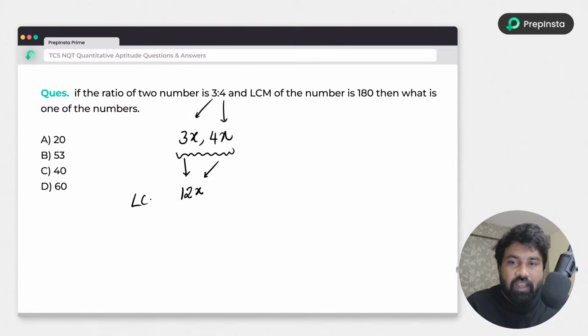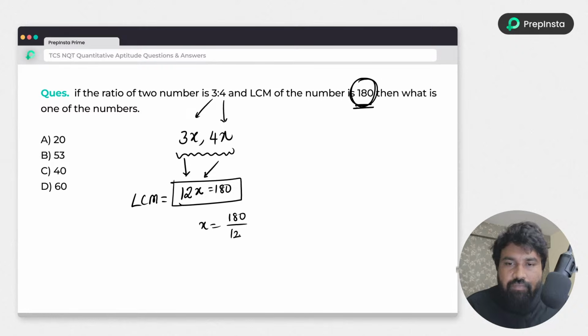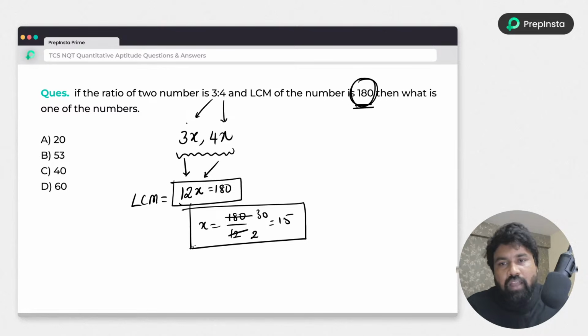So the LCM is equal to 12x. And according to the problem, the LCM is 180. So x is equal to 180 by 12. So 6 will cancel this 2 times, 6 will cancel this 30 times. So the answer is 15. If x is 15, the numbers are 45, 60.